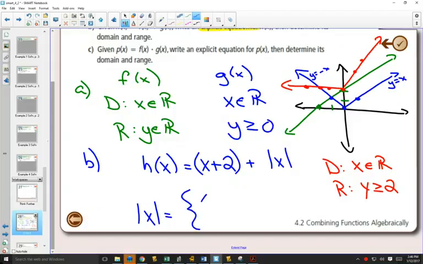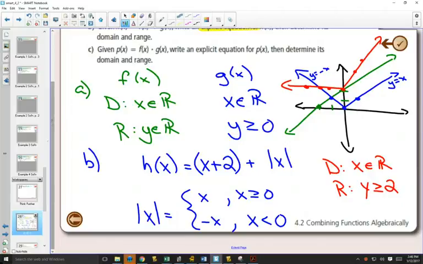It's equal to x, which is this half of the line to the right, when x is bigger than or equal to 0. And it's equal to negative x when x is less than 0. When something is written this way in two different pieces, it's called a piecewise function, because you don't write it all together as one function. It's written in two different pieces.